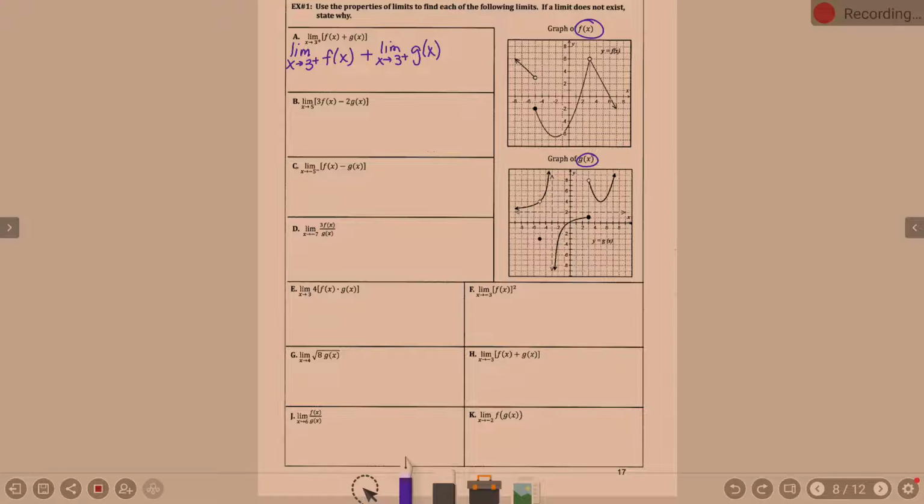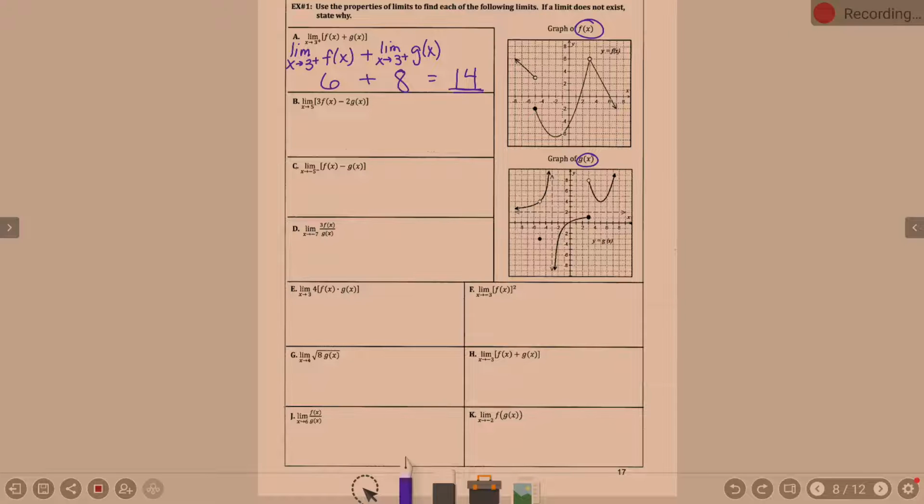Plus, now it's the limit as x approaches 3 from the right on g of x. 8. I'm down here. From the right of 3, I'm following to this open circle that is up at 8. Hard math here. 6 plus 8 is 14.